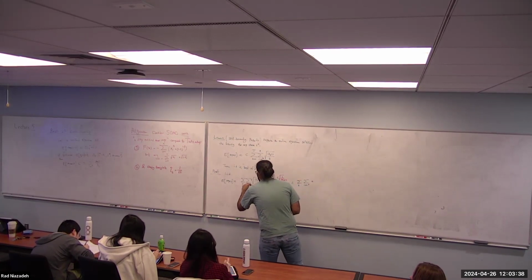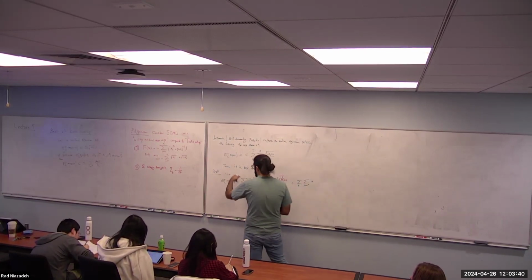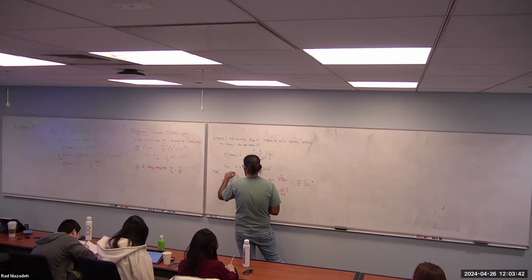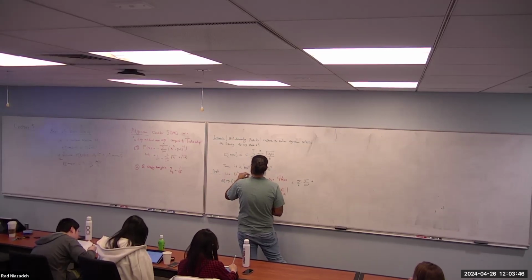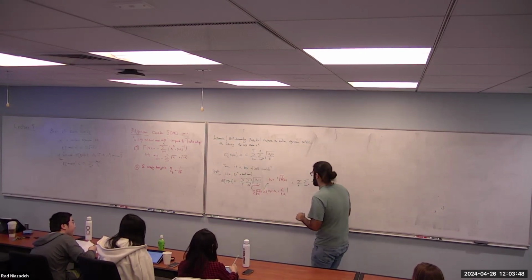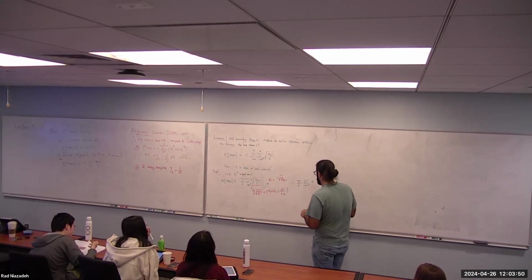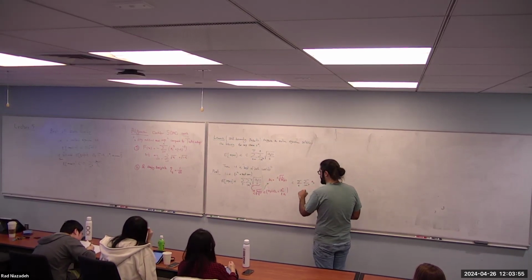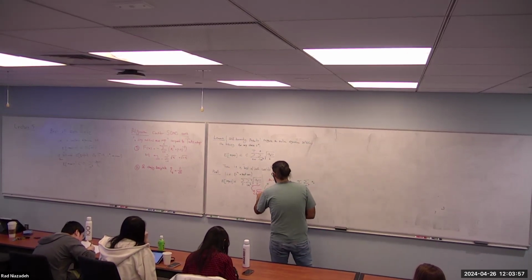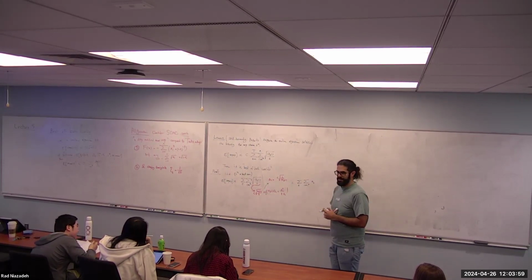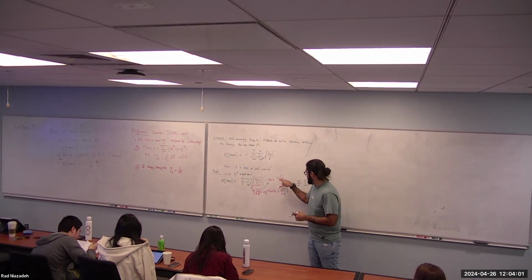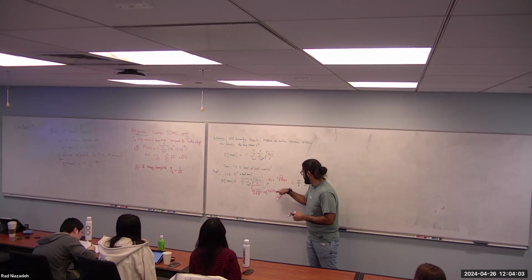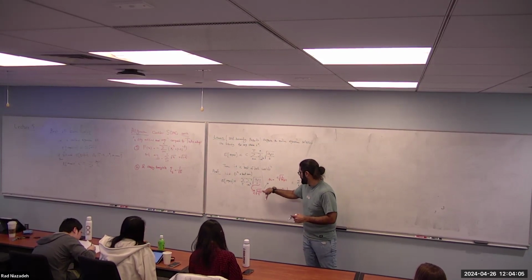Now here invoke the IID property and let's say I star is the best one. If I do that, then this can be upper bounded by summation over t, summation I star, and then I get, and one other important point is a half here. Because once you set C like that, the two terms are equal to each other, so you need a half here.